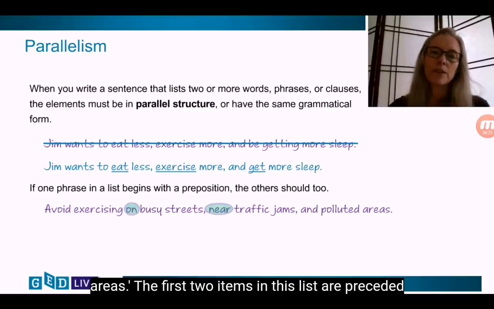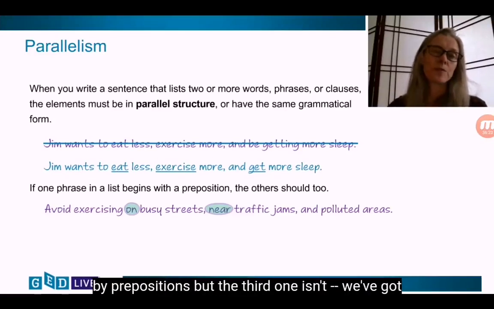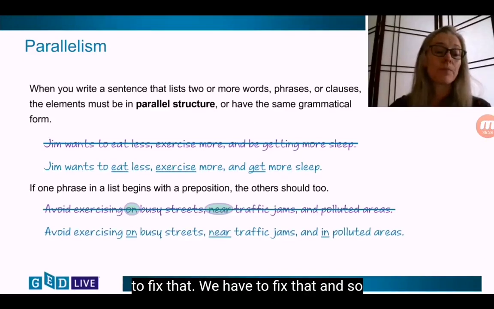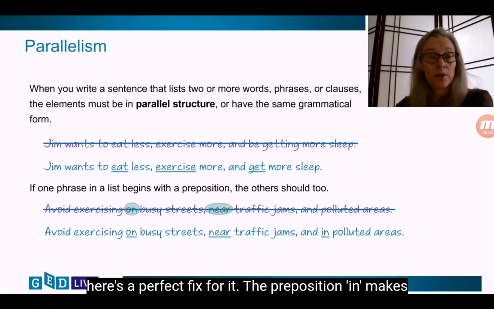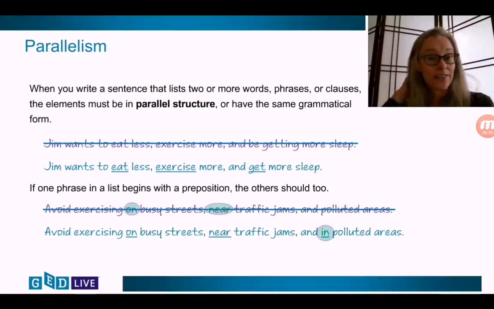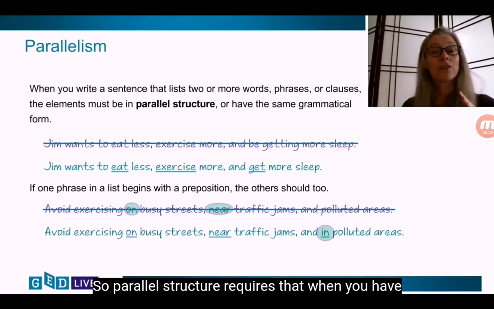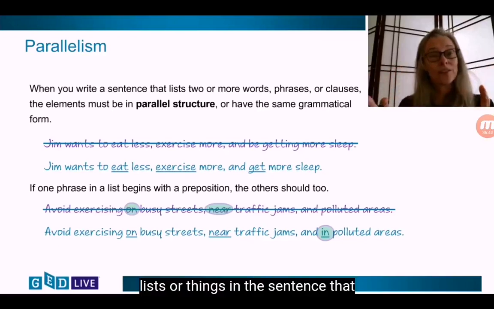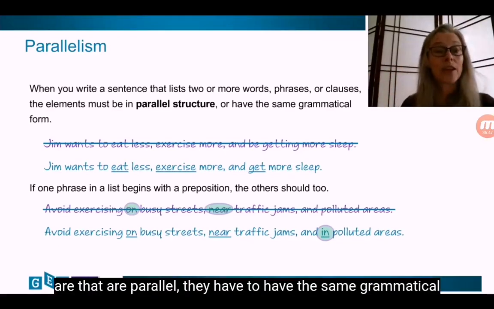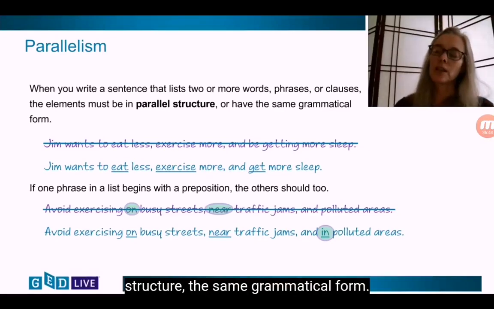The first 2 items in this list are preceded by prepositions, but the 3rd one isn't. We've got to fix that. And so here's a perfect fix for it. The preposition in makes a whole lot of sense for polluted areas. Okay? So parallel structure requires that when you have lists or things in the sentence that are parallel, they have to have the same grammatical structure, the same grammatical form.